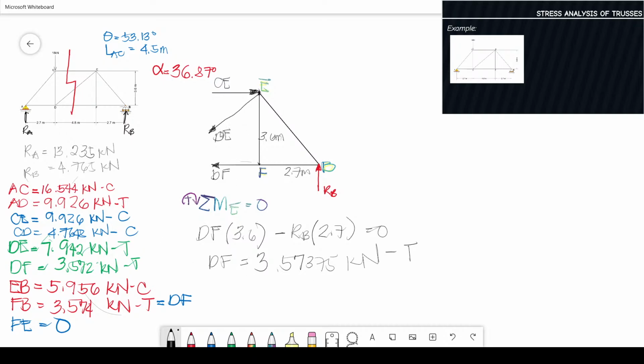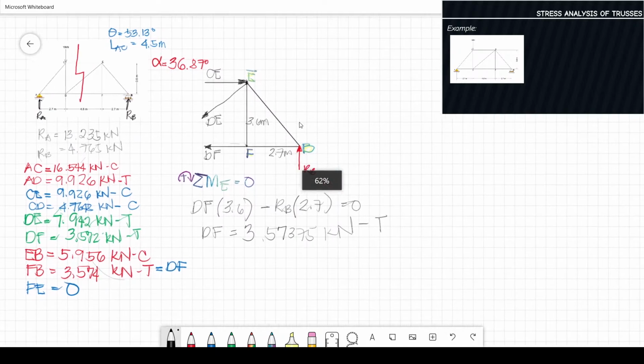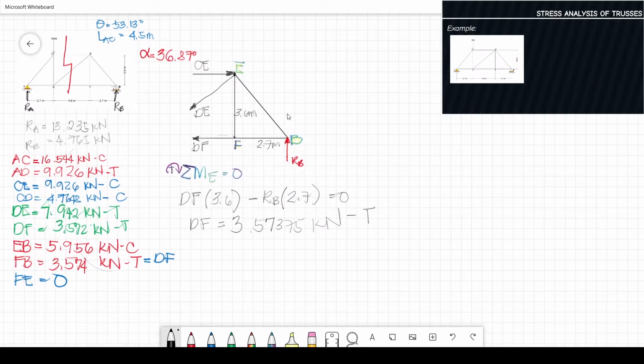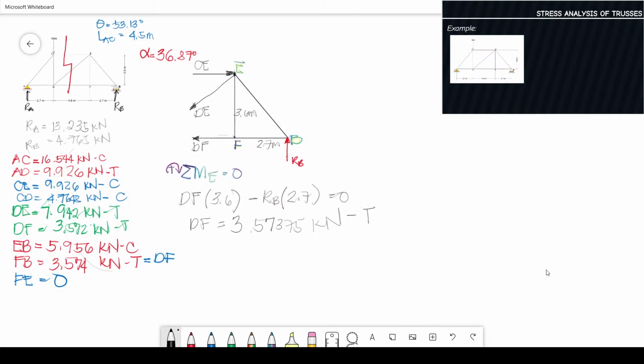Then we have to find the value of CE and DE. So, using this free body diagram, the whole figure. Does that look right? Can we manage? Okay.